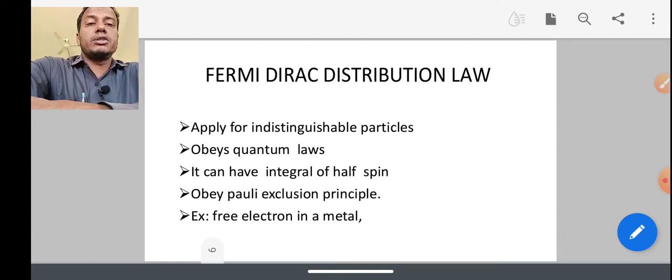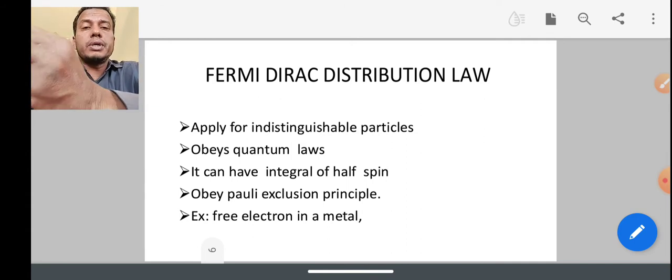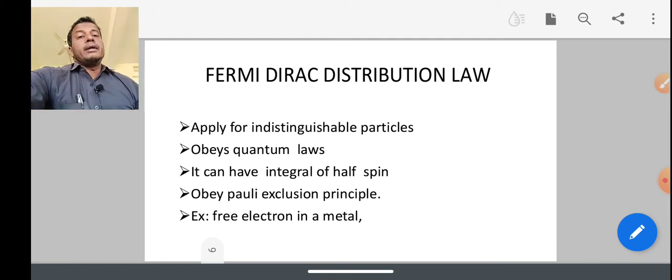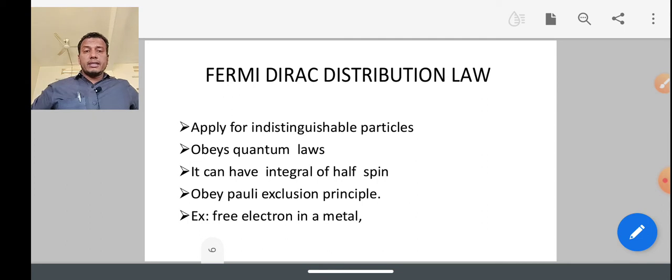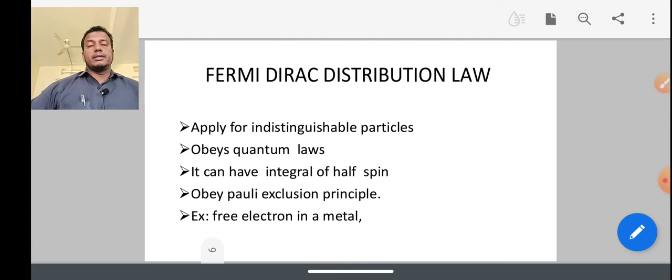The Fermi-Dirac distribution applies to particles with half-integral spin, like 1/2 h cross, 3/2 h cross, 5/2 h cross, and they obey the Pauli exclusion principle. Only one electron can be accommodated in a single state; no two electrons can be accommodated in a single state. An example for the FD distribution law is free electrons in a metal.